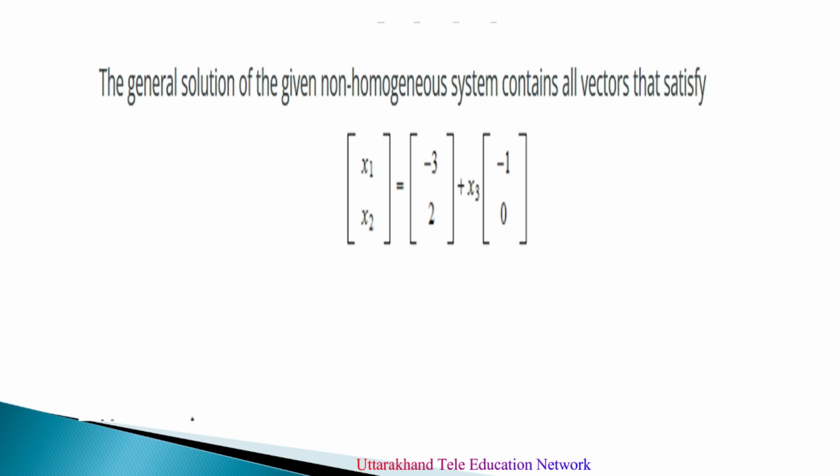Before concluding, whenever we have a non-homogeneous system, it is quite easy to find a particular solution: assign some value to the non-basic variable and find a particular solution. Then take the homogeneous part of the same system and find its general solution. After that, add them both, and you get the solution of the linear non-homogeneous system.